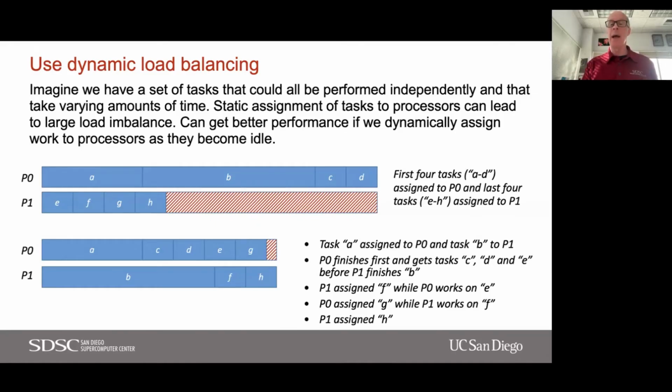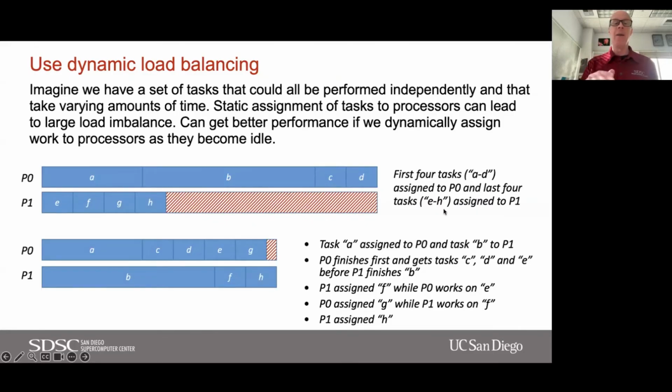So let's assume that we had 8 tasks that we need to complete: A, B, C, D, E, F, G, H. If we just took those first 4 tasks and assigned them to processor 0, and the last 4 tasks to processor 1, you can see that processor 1 is going to be finishing very early and waiting for processor 0 to finish its work.